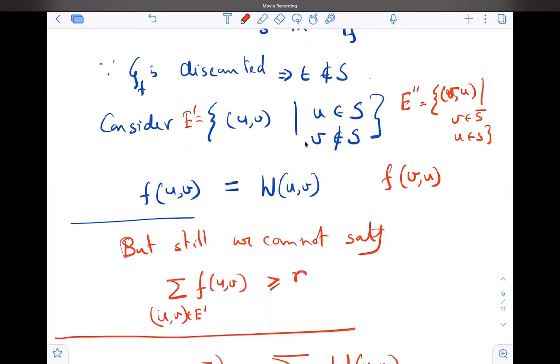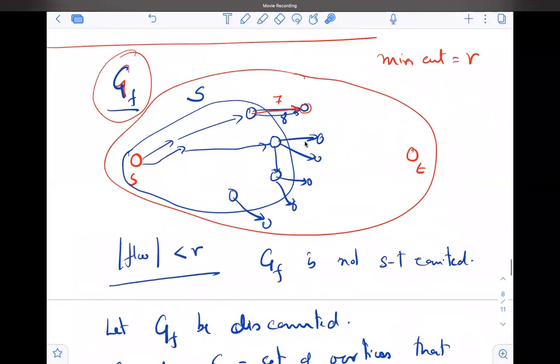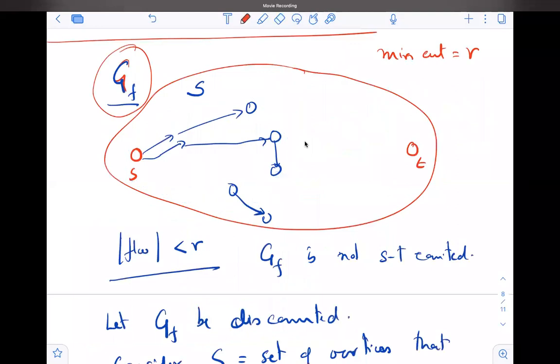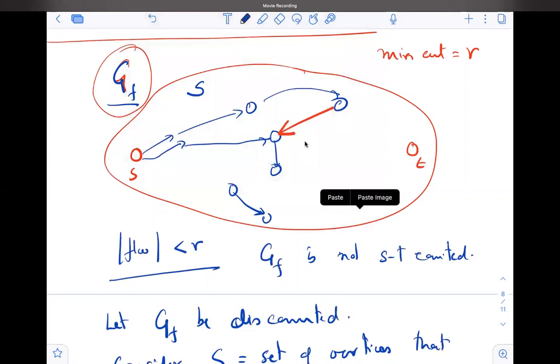Yes, if it was non-zero, then in G of F there would have been an edge in the opposite direction. That's how G of F is defined. Let me try to draw it here. You have a flow that is coming from here to here, maybe from various other sources. Say 3 units of flow go this way.